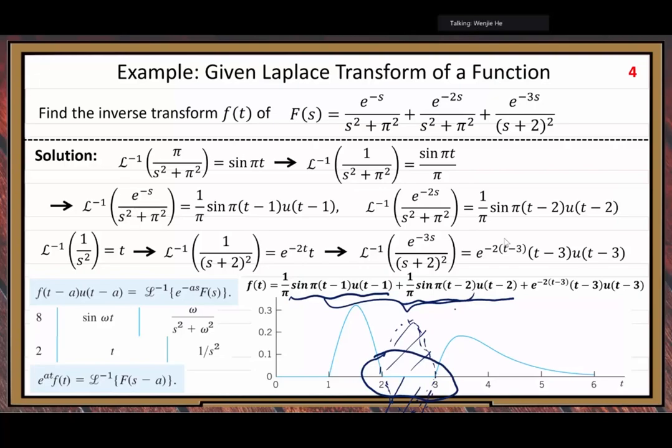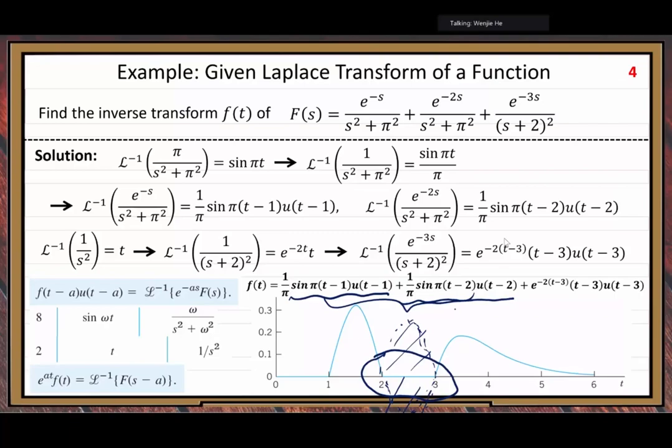All right? Then, now, after t greater than 3, for this part, the graph of the sum of the 3 terms, can you see?